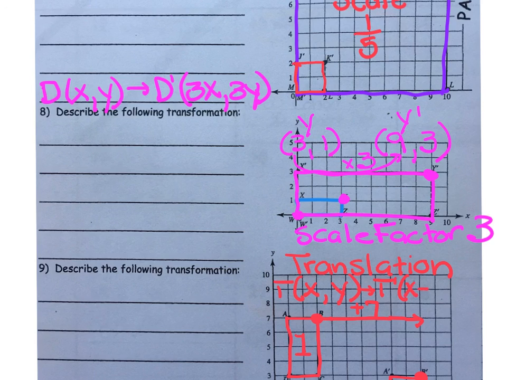So our x-coordinate would be written like this: x plus 7, 7 to the right. But then the image has been slid downward 1, 2, 3, 4. A loss of 4 units for the y-coordinate, y minus 4. This is clearly the slide or a translation.